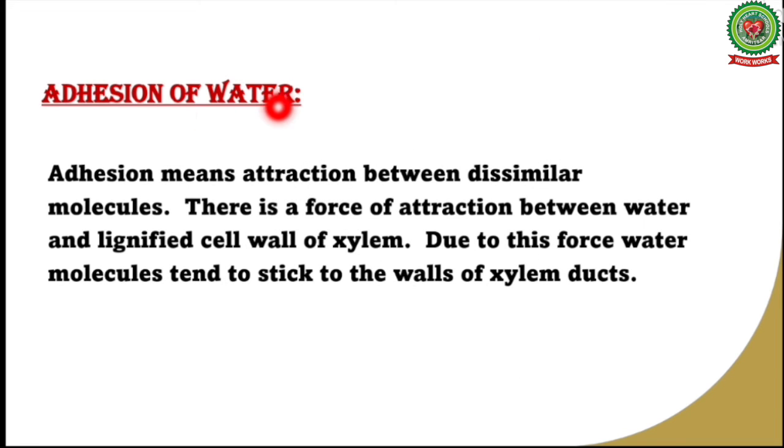Next is adhesion of water. Adhesion means attraction between dissimilar molecules. There is a force of attraction between water and the lignified cell wall of xylem. Due to this force, water molecules tend to stick to the walls of xylem ducts or xylem vessels.